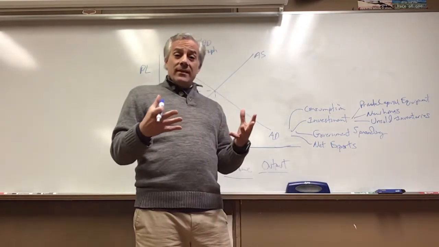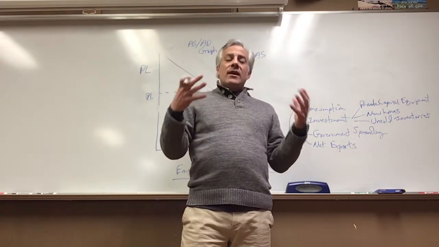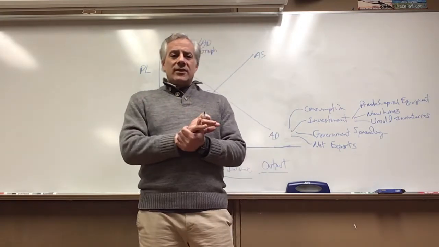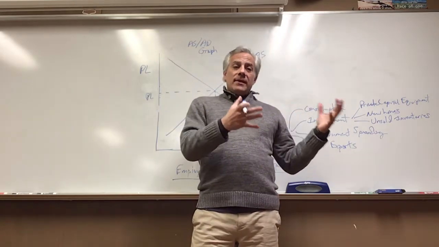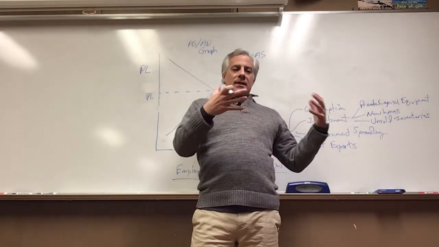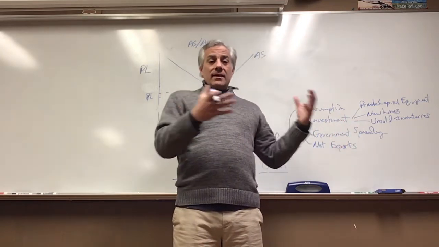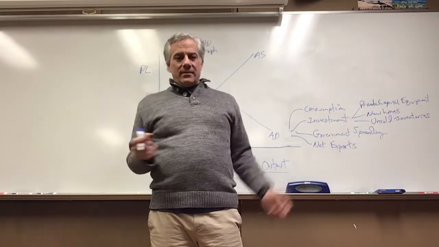Also, the term real, make sure you know what real means. You don't have to know more than the general idea: it means we're taking into account price level changes or inflation, right? So in real terms, Babe Ruth's salary in 1927 was 100,000. In today's dollars, it's worth like 2 million or something like that.